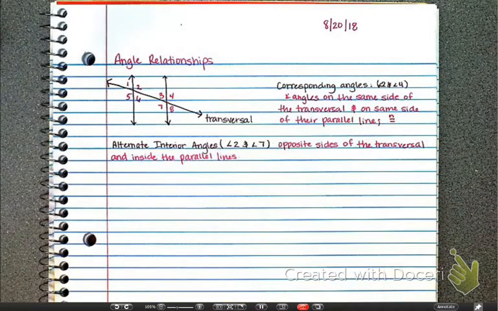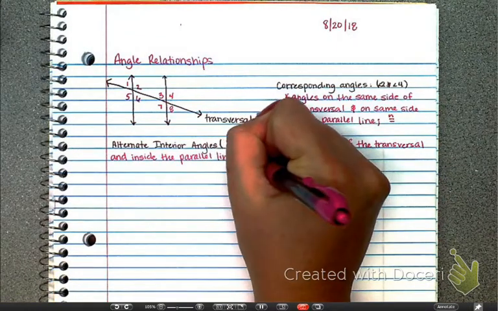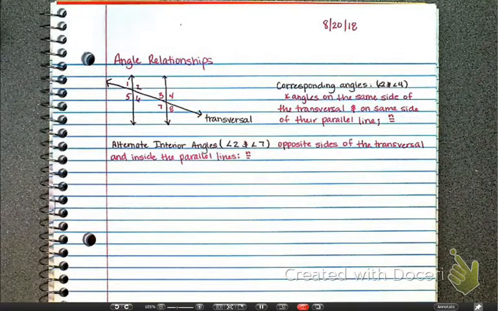So they're on opposite sides of the transversal inside the parallel lines. Do we remember if these are congruent or supplementary? These ones are congruent as well. So these angles are congruent.